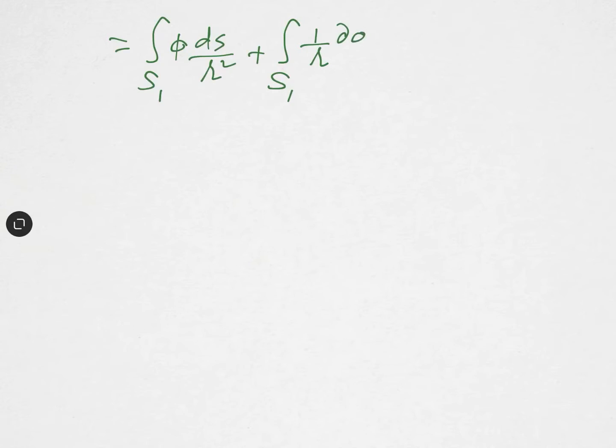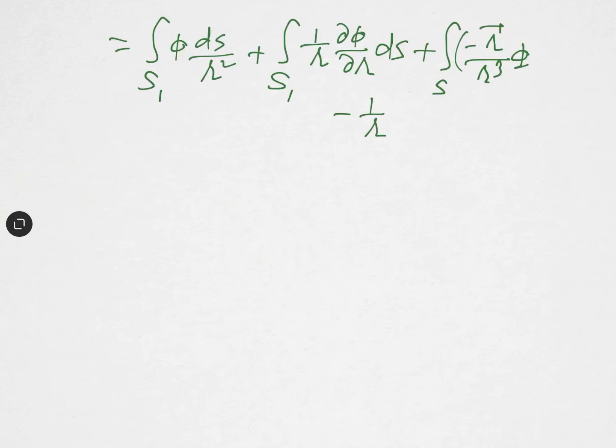So this will be equal to integral over S1 phi ds over r square, plus integral over S1 1 over r del phi by del r ds, plus integral over S of minus r over r cube phi minus 1 over r del phi dot ds.